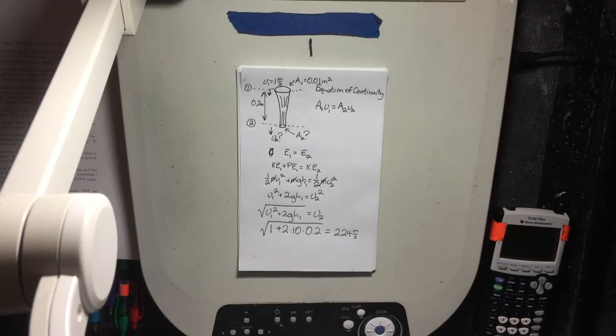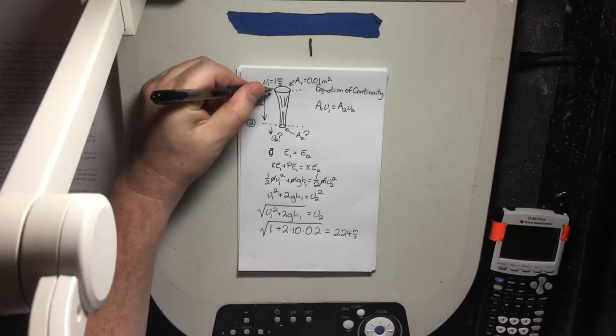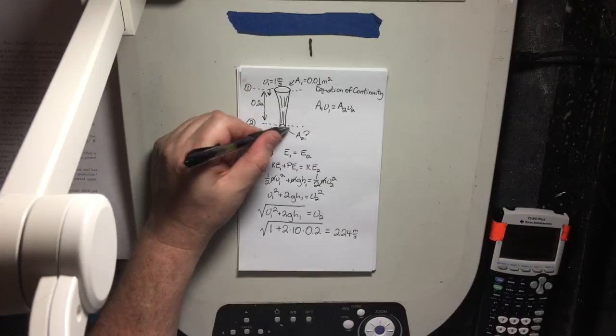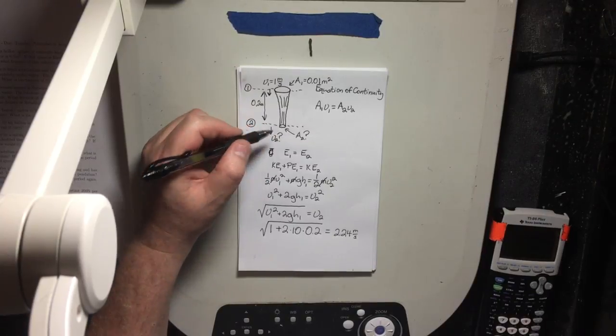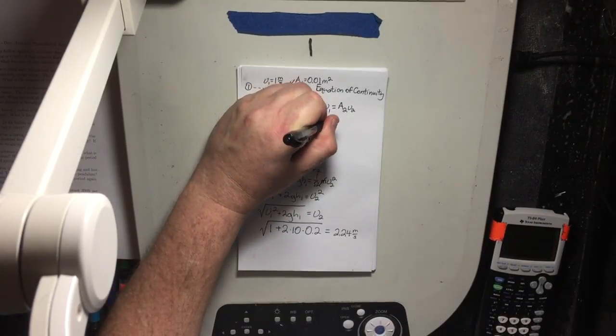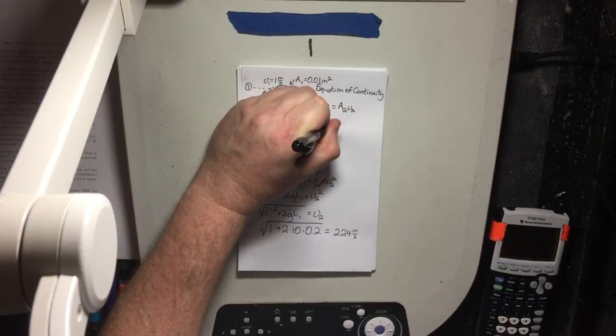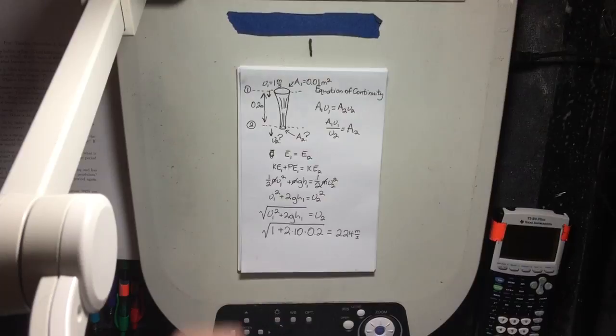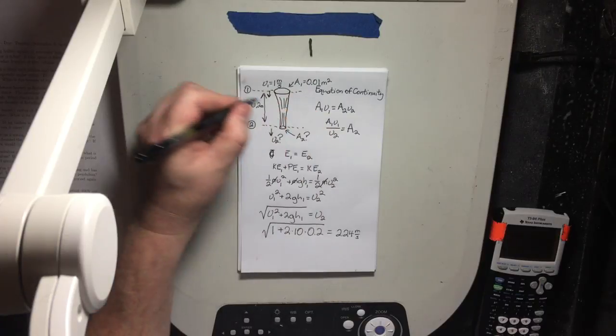Now the equation of continuity takes this into consideration. The amount of water flowing through level 1 has to be the same as the amount of water flowing through level 2. If you take this into account, the new area has to equal the old area times the old velocity divided by the new velocity.